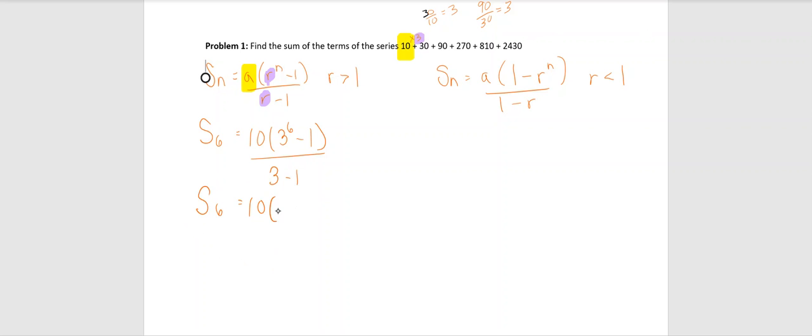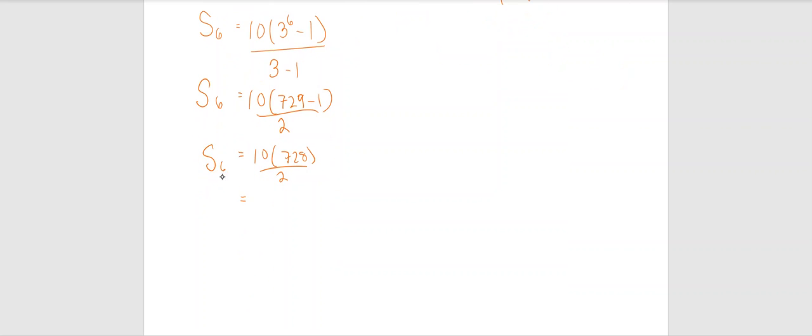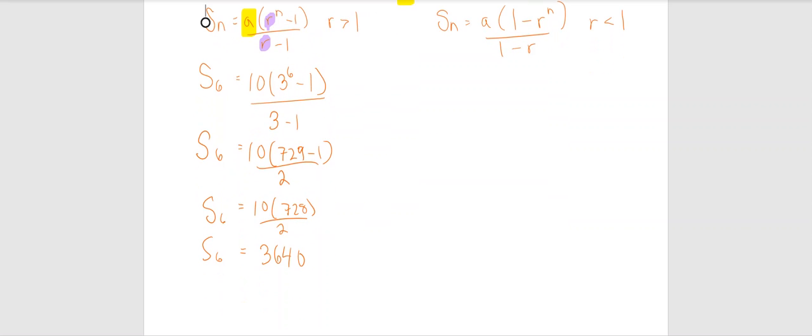So here we'll get 10 times 729 minus 1 all over 2. We get 10 times 728 divided by 2, which gives our final answer for S6 to be 3,640. And that's our final answer.